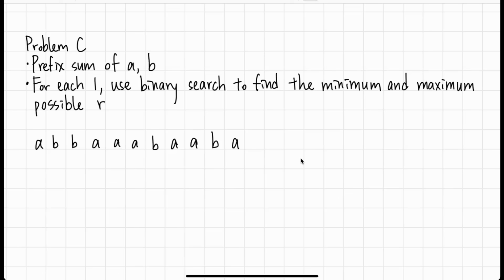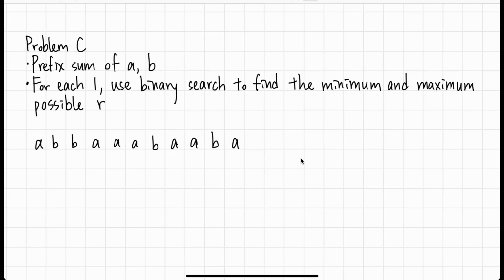And we can't have more than B number of the character B in our substring. So what this means is that we need the number of A's and B's respectively in our string, and we want to calculate this quickly.